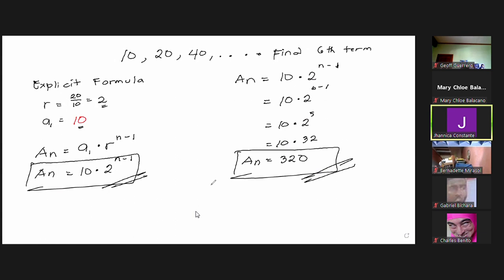Okay, clear with the explicit formula and the recursive formula? Baka nalito na si recursive. Ganito kay recursive ha. Baka pagbalik na rin si explicit at saka si recursive. Okay? Si recursive, the only things that we change are the common ratio and the n.